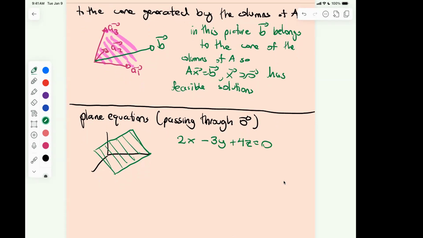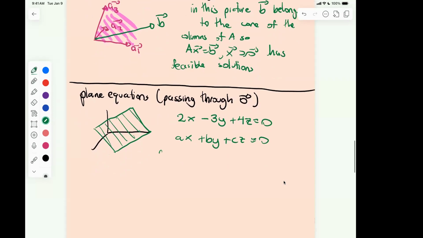That's how an equation for a plane looks. In calculus you would write ax plus by plus cz equals 0, where a, b, c are certain numbers. And if you look at the dot product, you can use this as a dot product.